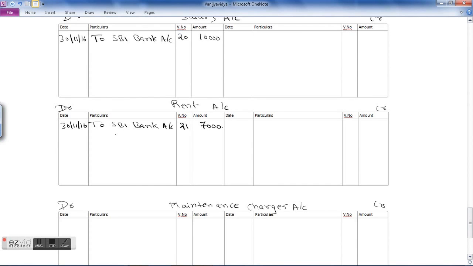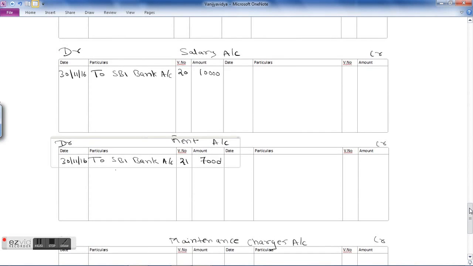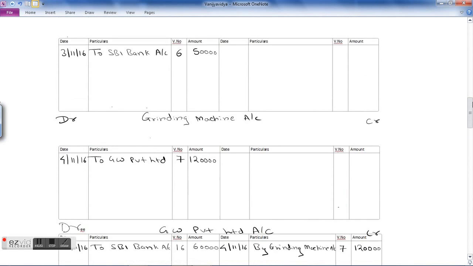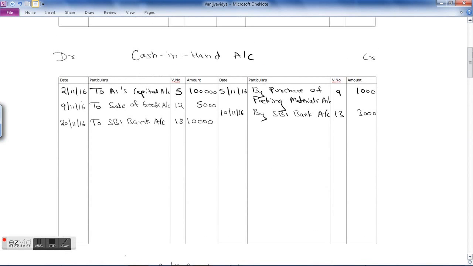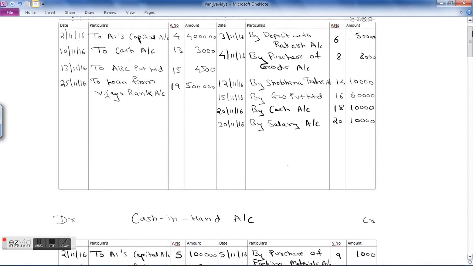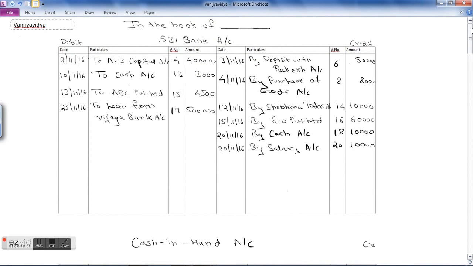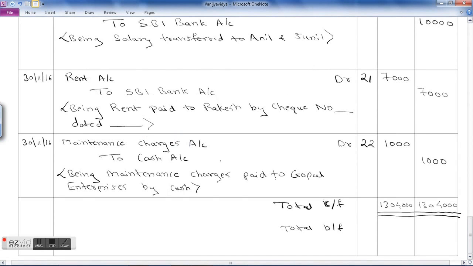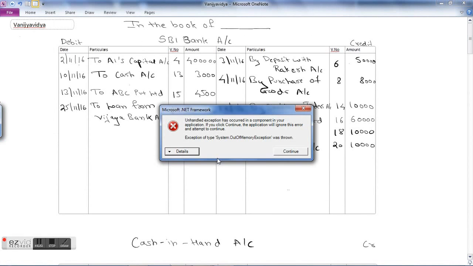Now this second effect we will be giving it in SBI bank account credit side. Date is 30/11/2016.